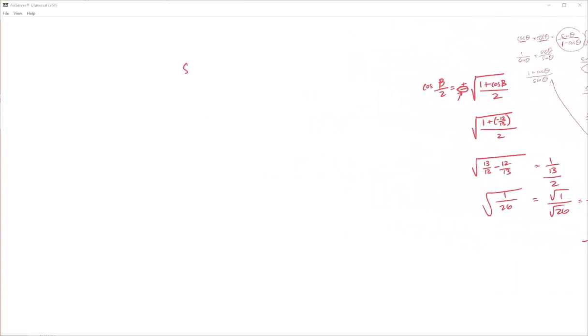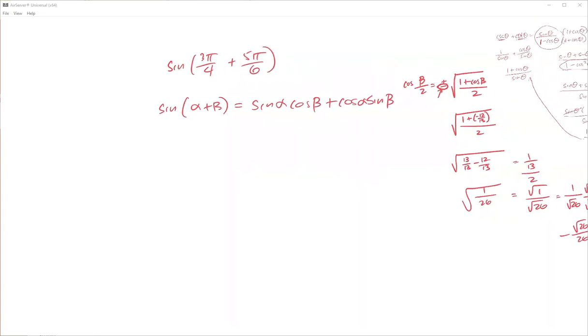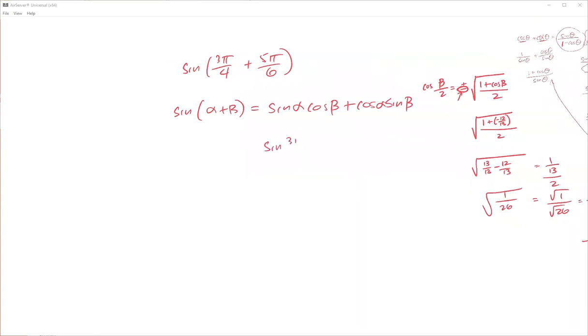So it'll be sine of 3 pi over 4 plus 5 pi over 6. Remember, sine of A plus B is equal to sine A cosine B plus cosine A sine B. You plug this in, it'd be sine 3 pi over 4 cosine 5 pi over 6 plus cosine 3 pi over 4 sine 5 pi over 6.